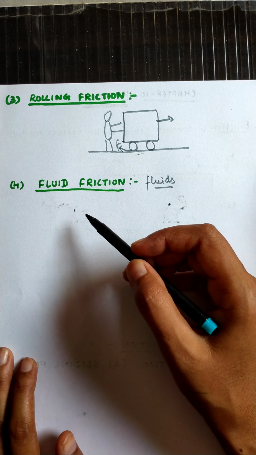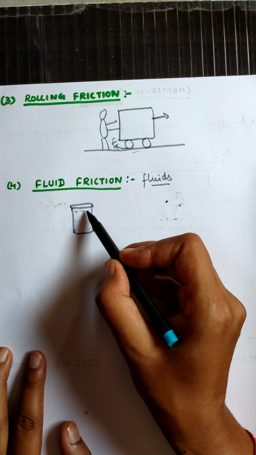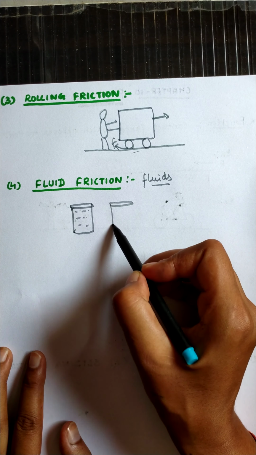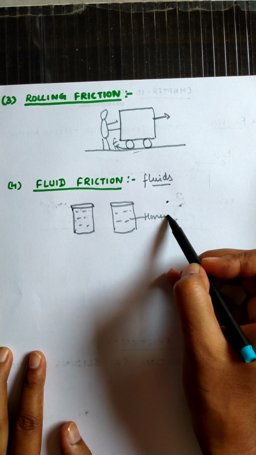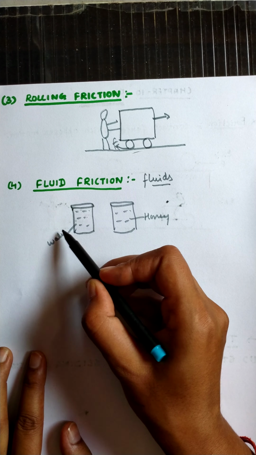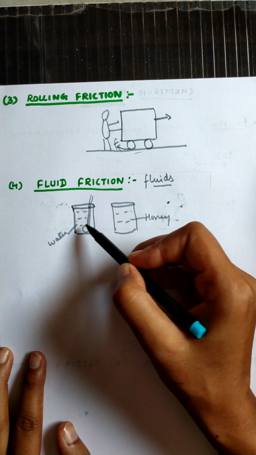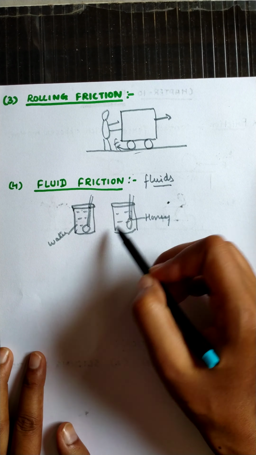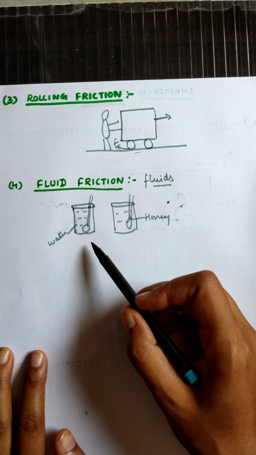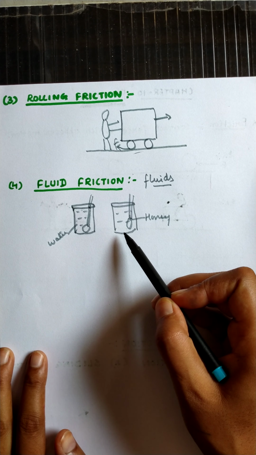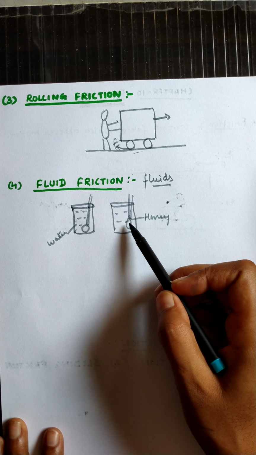For example, if we have two glasses, one filled with water and the other filled with honey, and we have a spoon, then it is very easy for us to stir the water as compared to the honey, because honey is thicker than water, so it has more friction. That's why it opposes the stirring of the spoon.